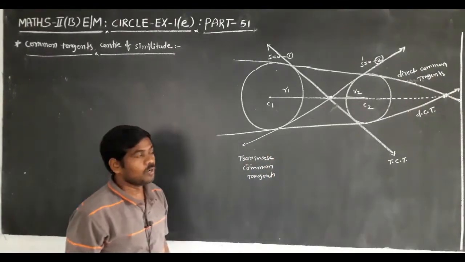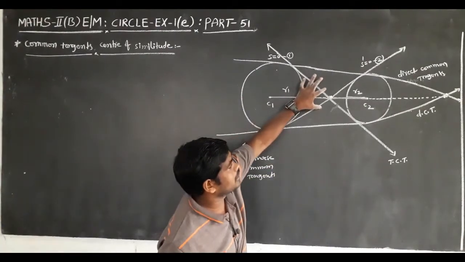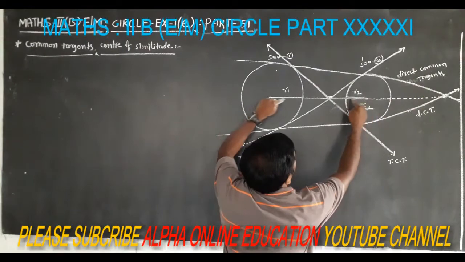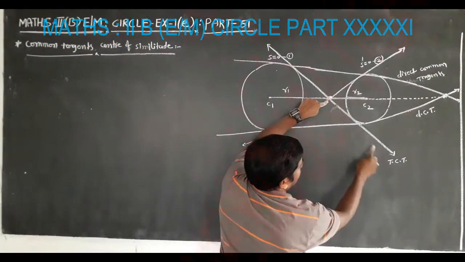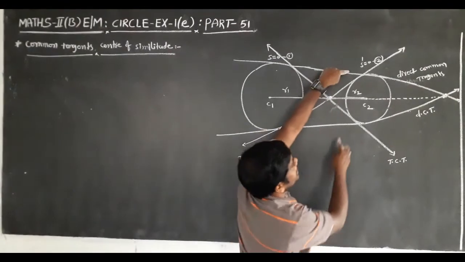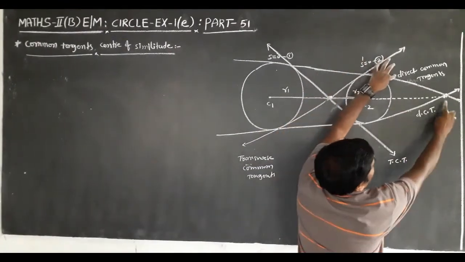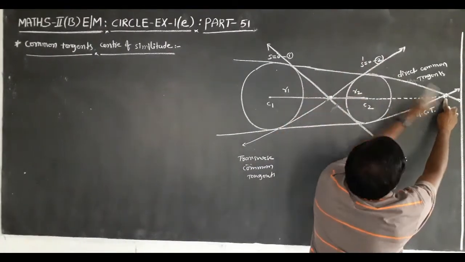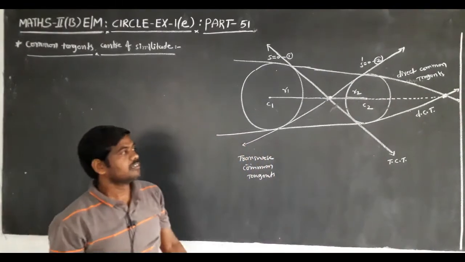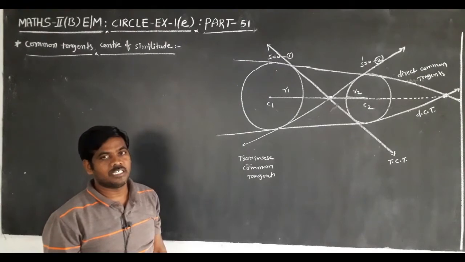Once again, one pair of common tangents that intersect the line segment C1C2 is called transverse common tangents. One pair that intersect the extended line segment C1C2 is called direct common tangents.